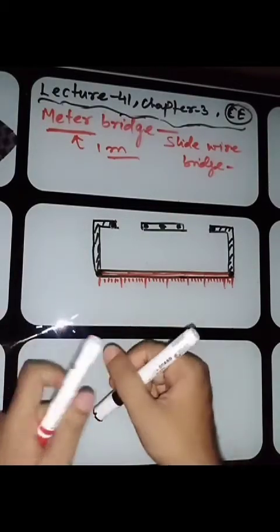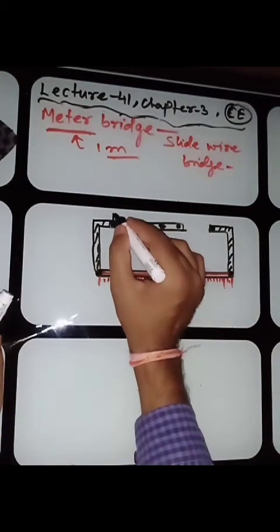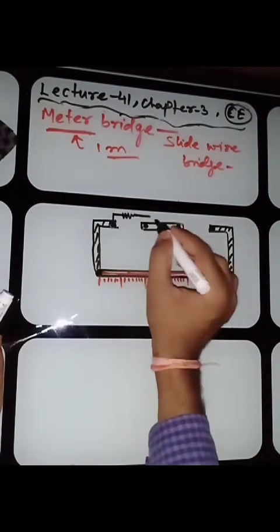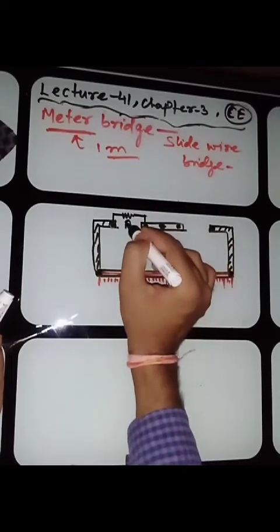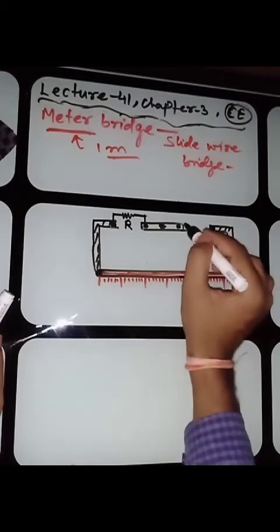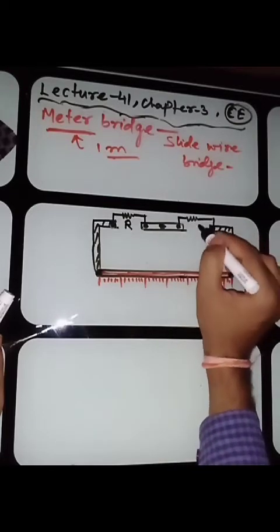Now we will connect here a known resistance. Usually we take a known resistance from a resistance box, say R. We'll connect here an unknown resistance. We don't know the value, that we have to find.